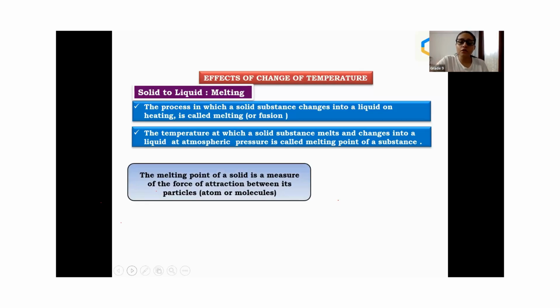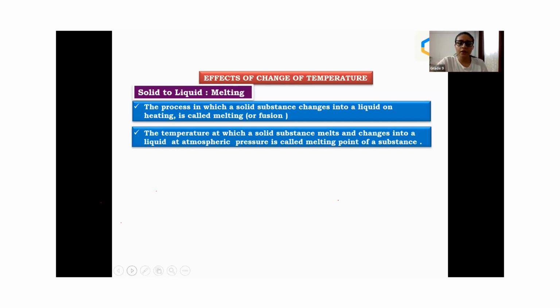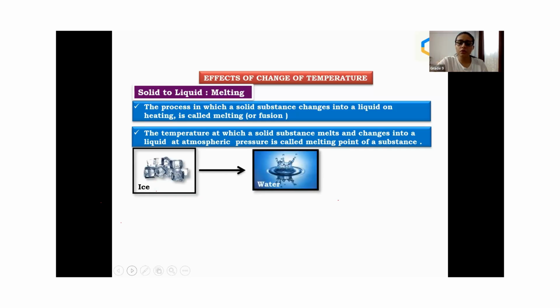The melting point of a solid is a measure of the force of attraction between its particles, atoms, or molecules. Okay. Ice to water. The melting point of ice is 0 degrees Celsius.